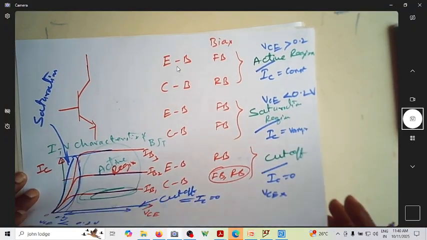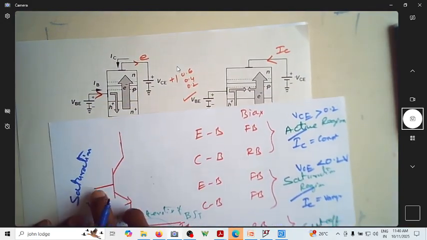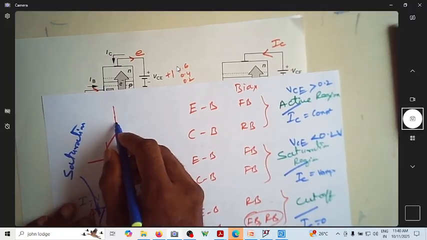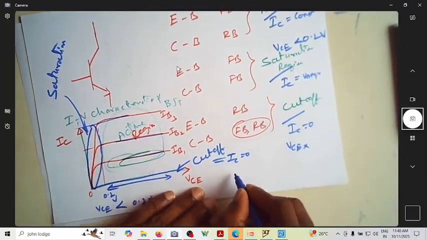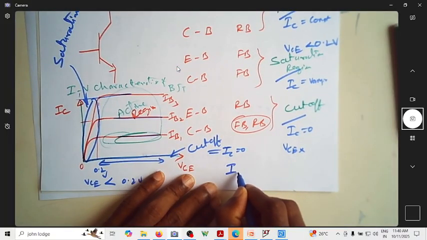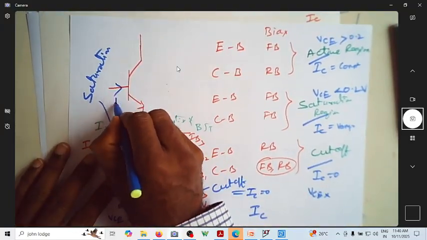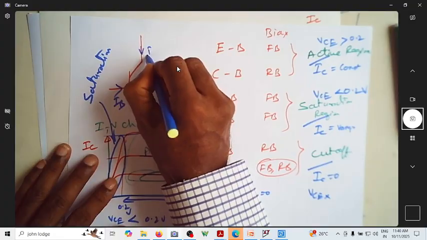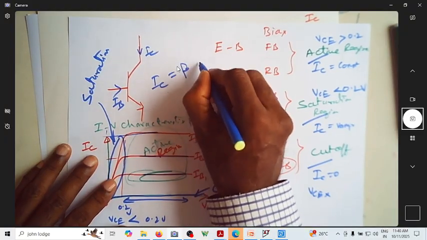Now, we saw that there is an IB current flowing through the base and an IC that flows through the collector. This IC is very large compared to the IB value. If this is IB and this is IC, then IC is beta times IB.